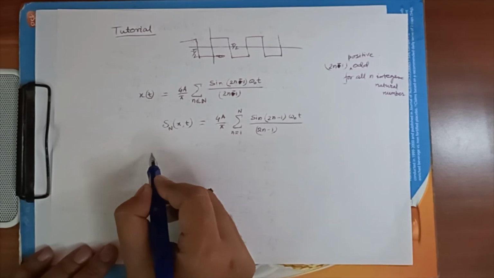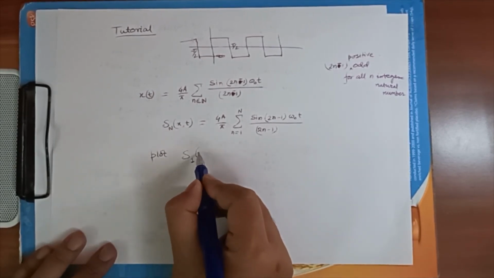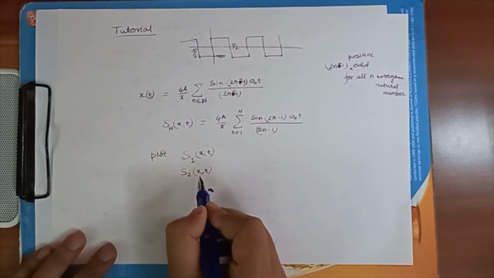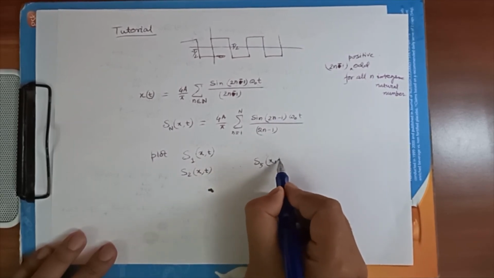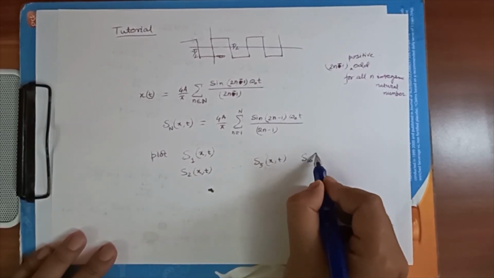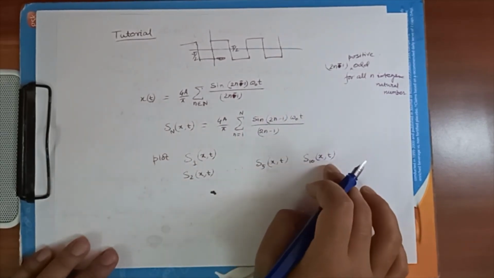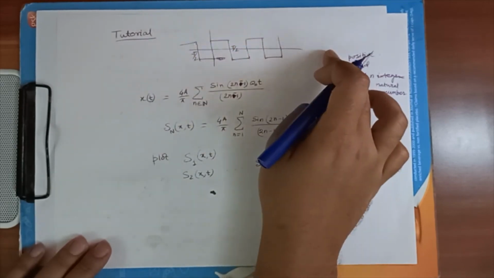So you can plot S1 x(t), you can plot S2 x(t), and you increase capital N up to say S5 x(t), S10 x(t), etc. And you see how close these partial sums are to the original x(t) waveform.